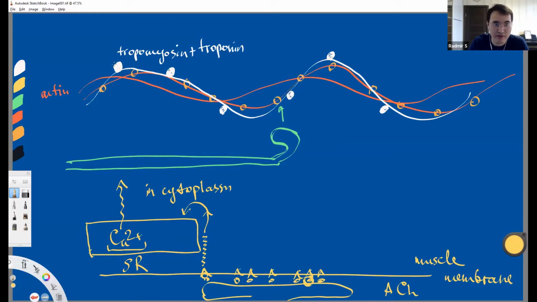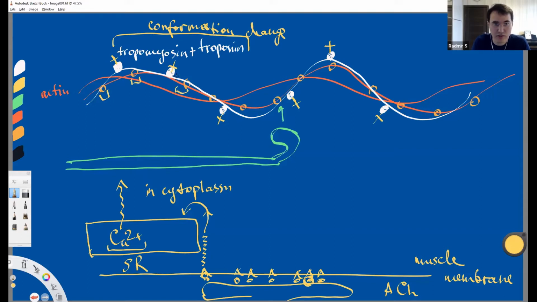Whenever the troponin binds to the calcium ions, the tropomyosin-troponin complex changes its conformation. In this way, the binding sites get free.